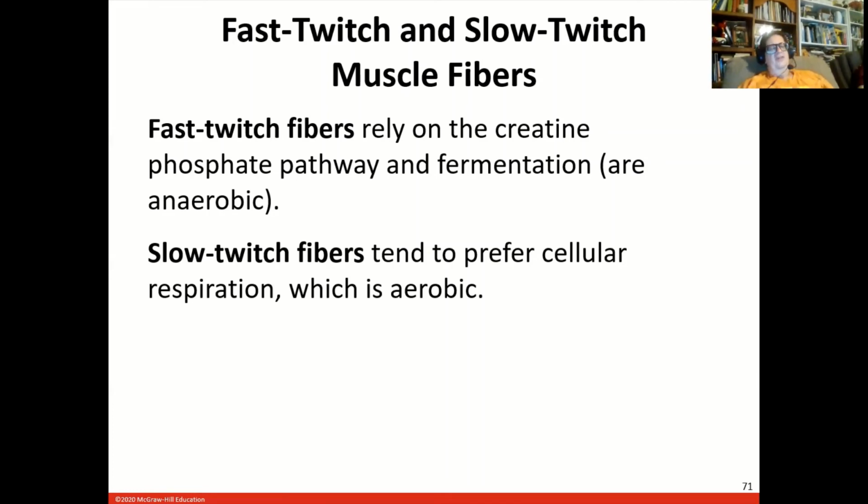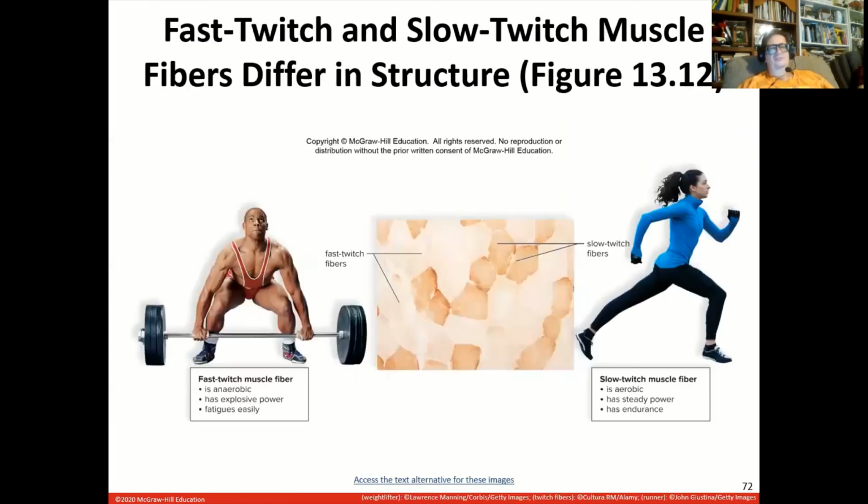And that means they are aerobic, they need oxygen. All right, so fast twitch muscles, weightlifting would be an example. It's anaerobic. Slow twitch muscles, long distance running would be an example. You need the oxygen.